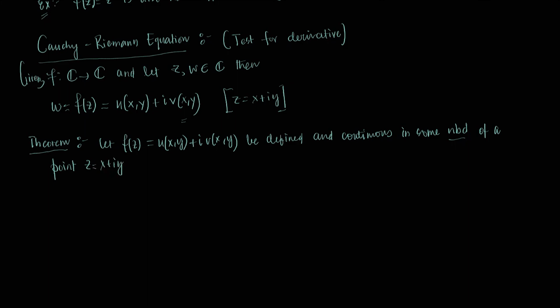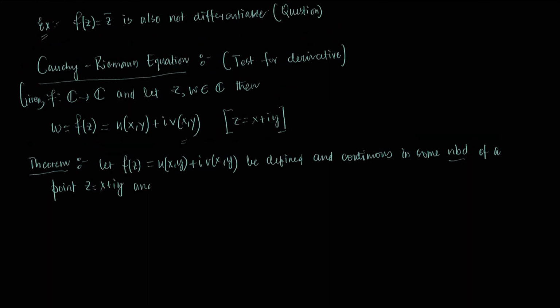Clear? Okay, and is differentiable. So you see, with the knowledge of what derivative is, we are using that knowledge here. We are saying that this particular function is differentiable in some neighborhood of a point z, which is x plus iy.